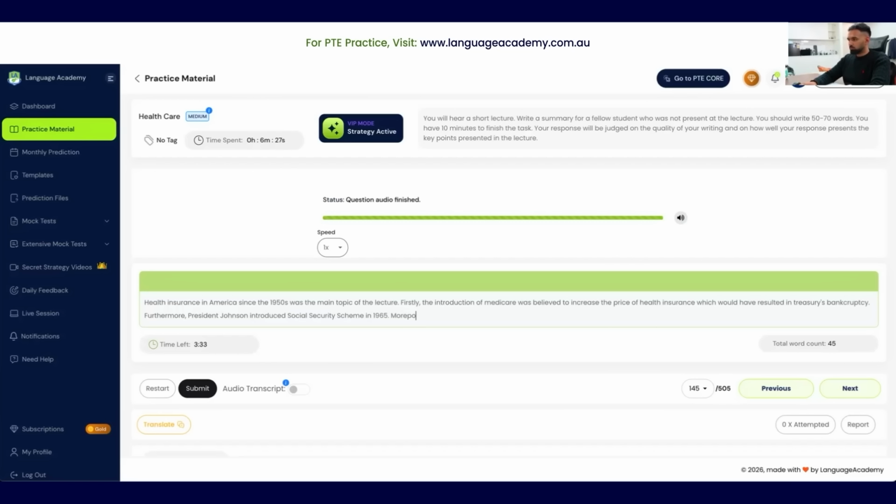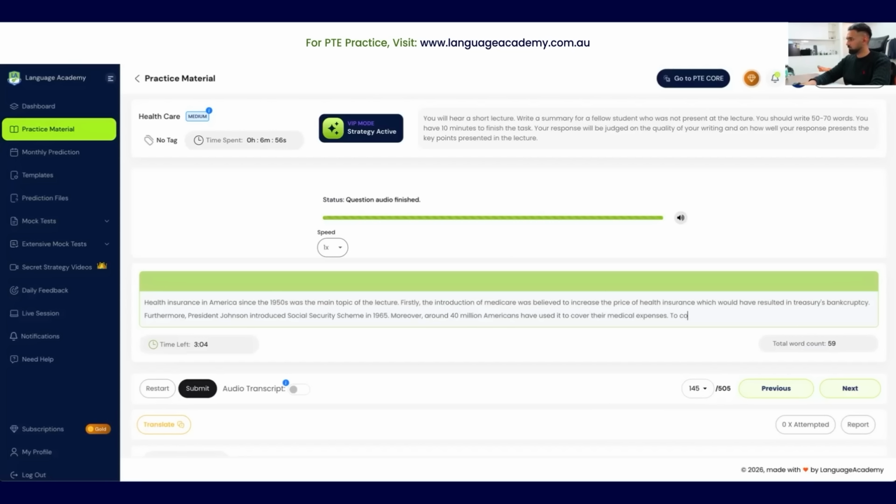Moreover, around 40 million Americans have used it to cover their medical expenses.